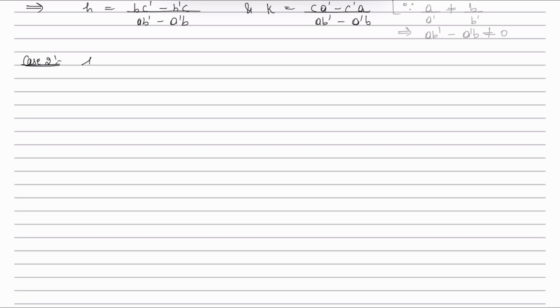In that, we have to solve the equation dy by dx is equal to (ax plus by plus c) whole divided by (a dash into x plus b dash into y plus c dash), when a upon a dash is equal to b upon b dash.